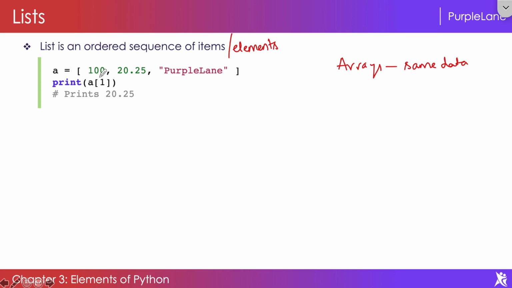For example, here we have 100 which is an integer, 20.25 which is a floating point number, and PurpleLane is a string. This is perfectly valid in Python, but in C++ we can't have different types of data in the same list or same array for that matter, right? So Python lists are far more flexible than arrays.